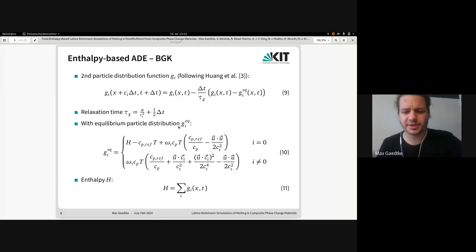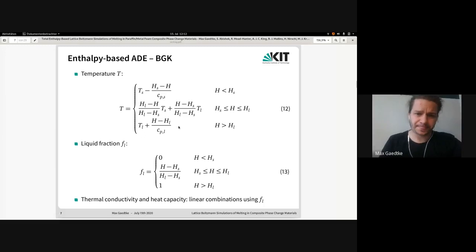The enthalpy is then calculated as the zeroth moment of the distribution function G. From the enthalpy, you can calculate the temperature.